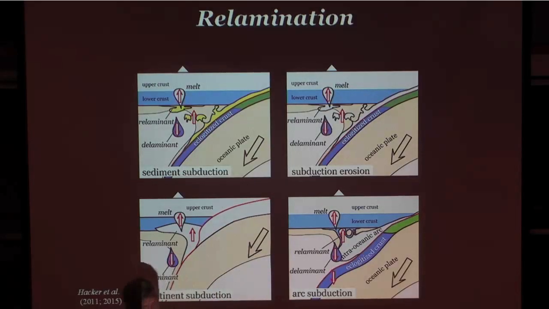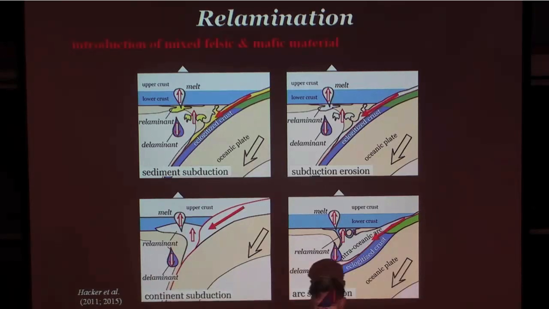All right, so I've offered you up 4 different scenarios in which it seems to me to be more plausible that this crustal material be retained in the upper plate and not sent back down to whence it came. And in each case, there's material that gets introduced into the subduction zone, a mixture of felsic and mafic material.